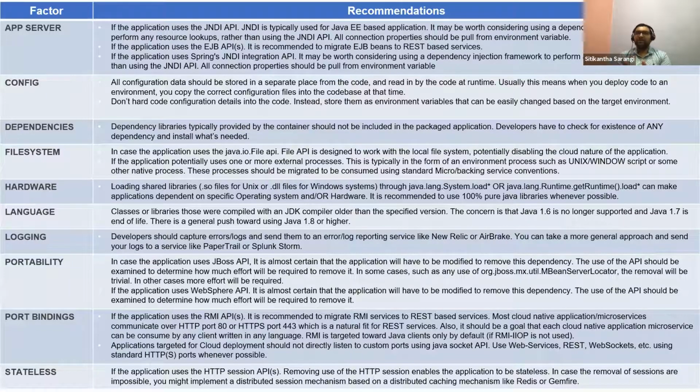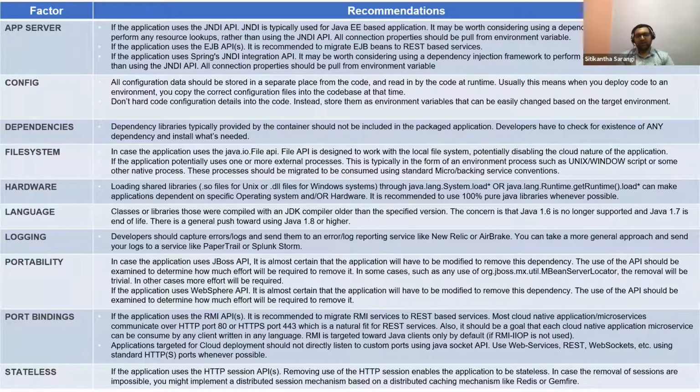And sometimes the configuration: suppose your application needs some database passwords or database URLs to connect to, and it is different for different environments. Suppose for your UAT it is different, and for your production it is different. Sometimes developers hard code those values into the code, or put them in an ini file, and then package or compile the application, and they have to redo it for production as well.